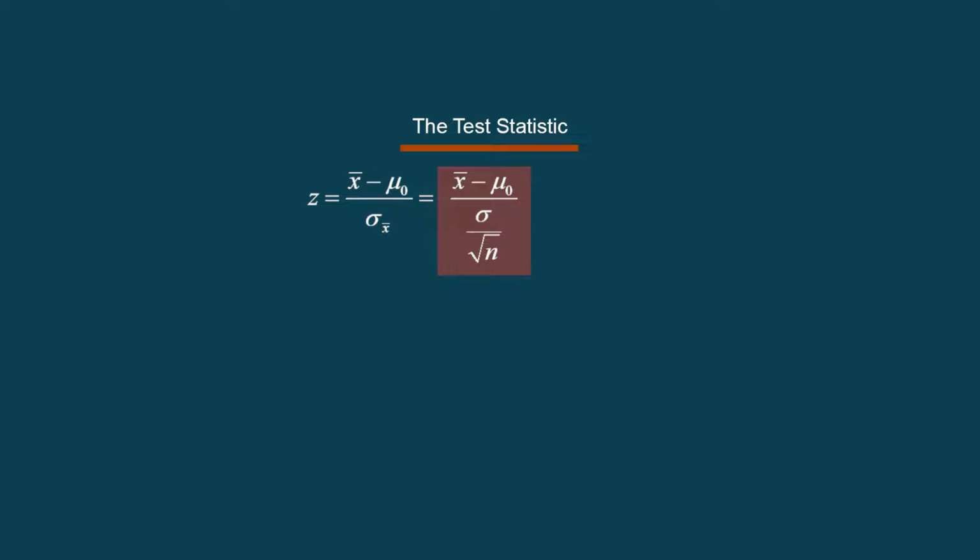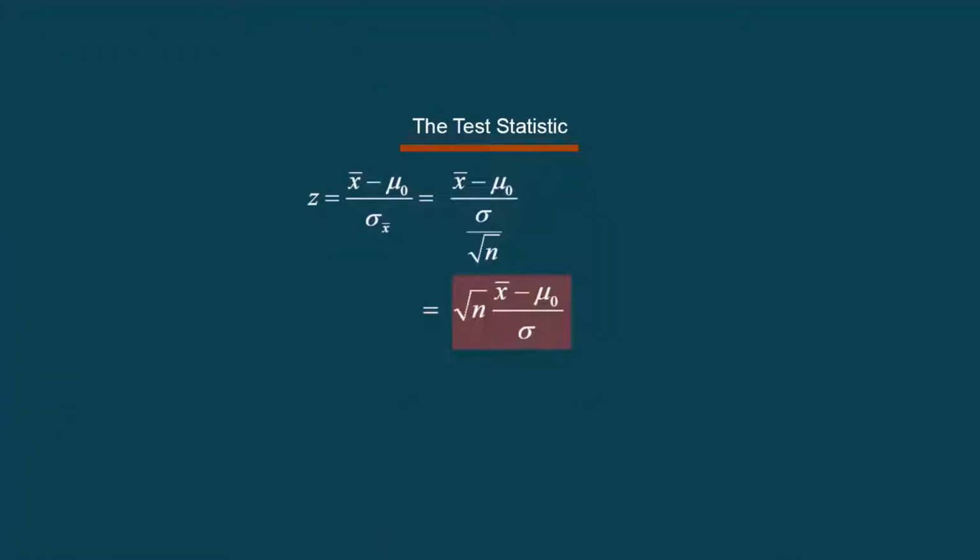That is what we get: for the sample mean x bar, the variance is sigma square by n. Since we are taking the standard deviation, it becomes sigma by root n. As we go for this, the root n comes up into the numerator, and we have root n multiplied by x bar minus mu0, divided by sigma. This sigma is considered to be the population standard deviation.